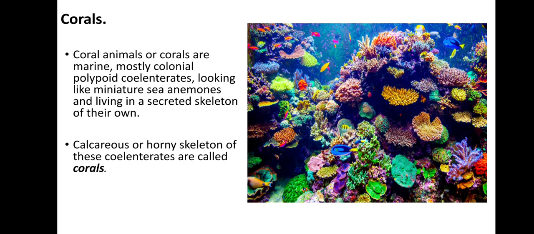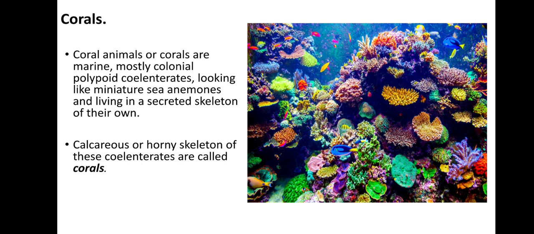They are animals actually, and these are generally marine and mostly colonial, but there are few individual corals too. Most of them individually are like a small sea anemone. And since they secrete the calcareous skeleton, they are called corals.